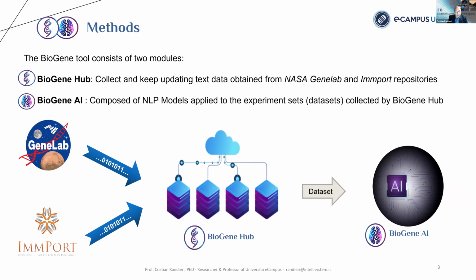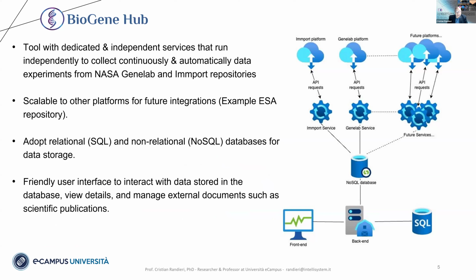This platform is built to be scalable in order to handle future integrations, for example, the ESA repository. It also adopts relational SQL and non-relational NoSQL databases for data storage. It has a friendly user interface to interact with the data stored in the databases, and it manages external documents such as scientific publications.